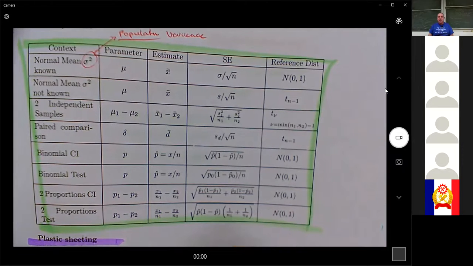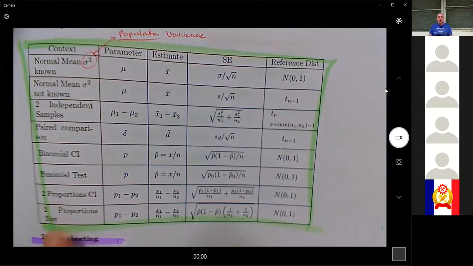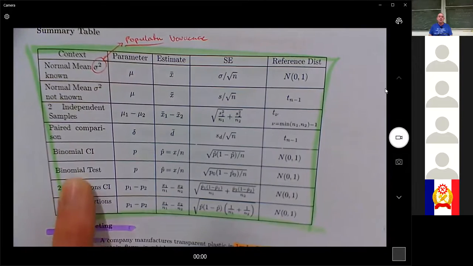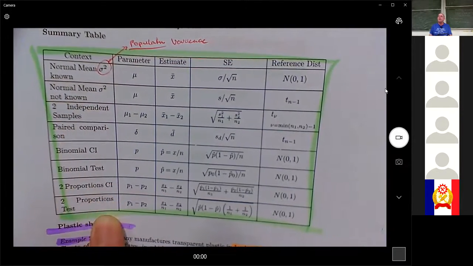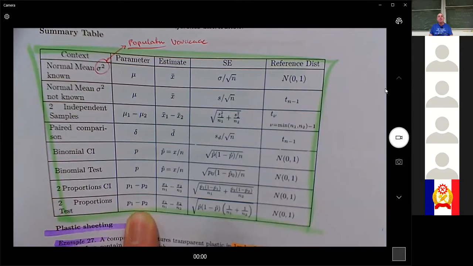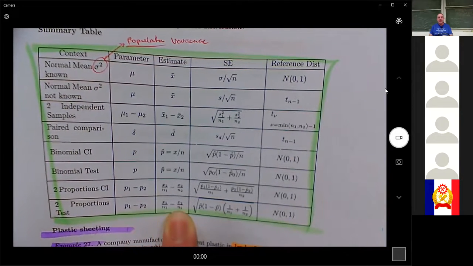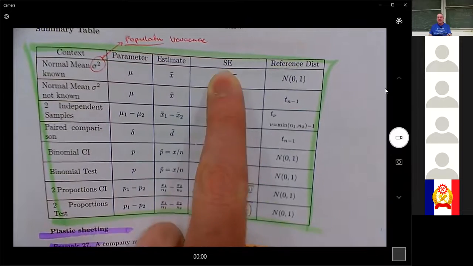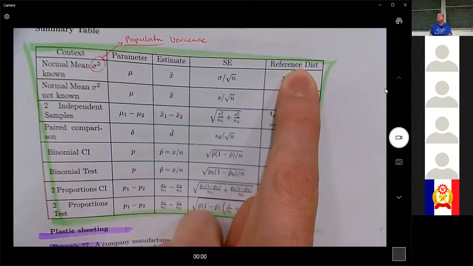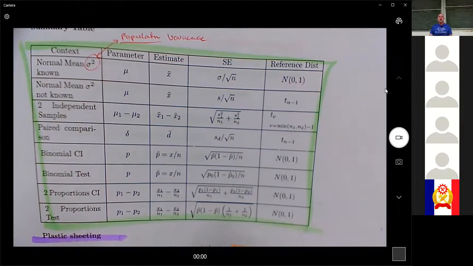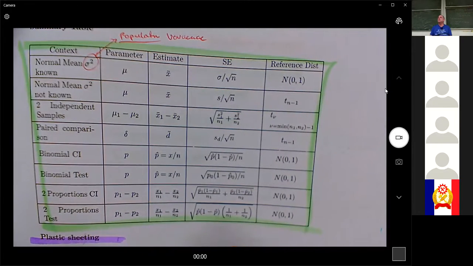So I can see several pieces in this table. They mention a context, which is quite enigmatic in some places. They mention a parameter. They mention an estimate. They mention an SE, which stands for standard error, and they mention a reference distribution. How do people feel about those things?